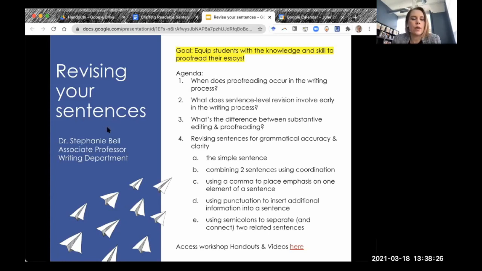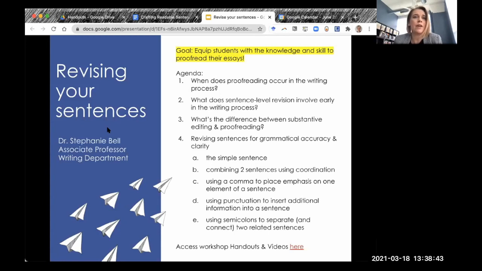So we're going to start this. We are going to get to those grammatical rules. Hopefully I can make them as clear as possible and as easy for you to walk away with confidence, being able to integrate them into your writing. I am going to ask for examples of sentences from your own writing.